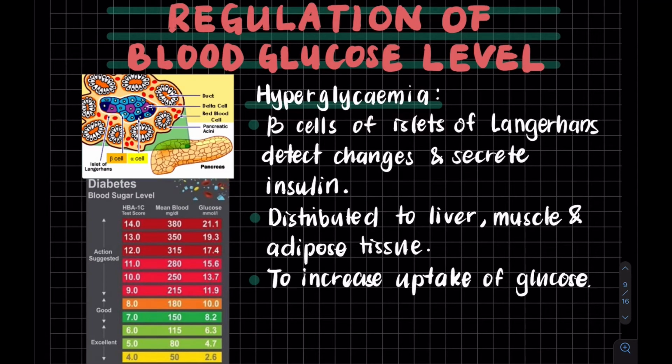During hyperglycemia, where blood glucose level is higher than normal, beta cells of the islets of Langerhans will detect these changes and secrete the hormone insulin. Insulin is then distributed to all cells, especially liver, muscles, and adipose tissue, to increase the uptake of glucose from the blood. These tissues act as the effector.